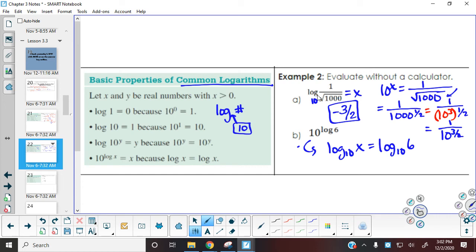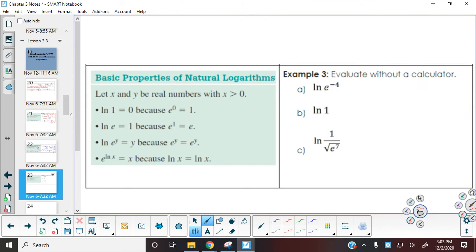In other words, I undid it, because if I were to work the other way, that becomes 10 to the log of 6 equals x. So I just went back to this original by what I did in the red. So I basically undid the exponential. Now if I look, these two have to match, therefore x has to equal 6. Okay? And that is an example specifically of this property here at the end.